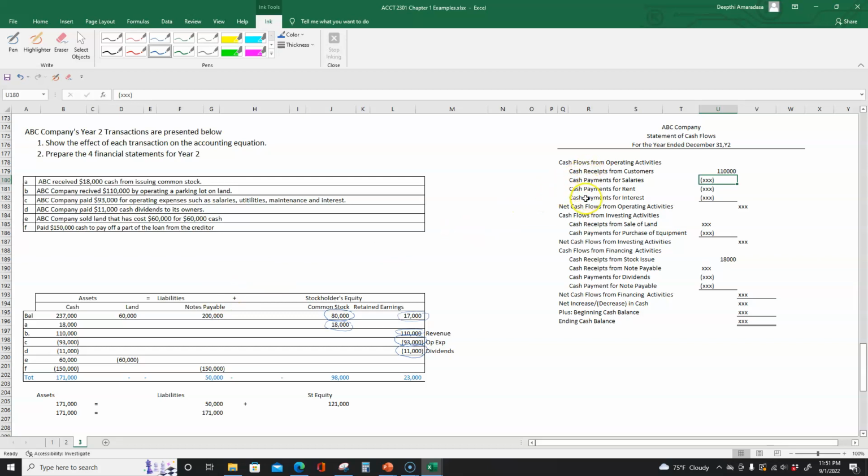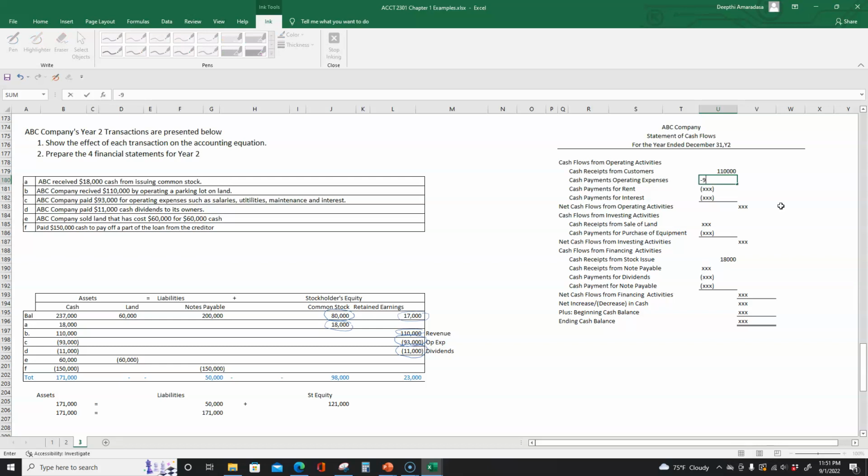In the format I provided, there's nothing called operating activities, so I'm going to change that to say cash payment for operating expenses. And that was $93,000.